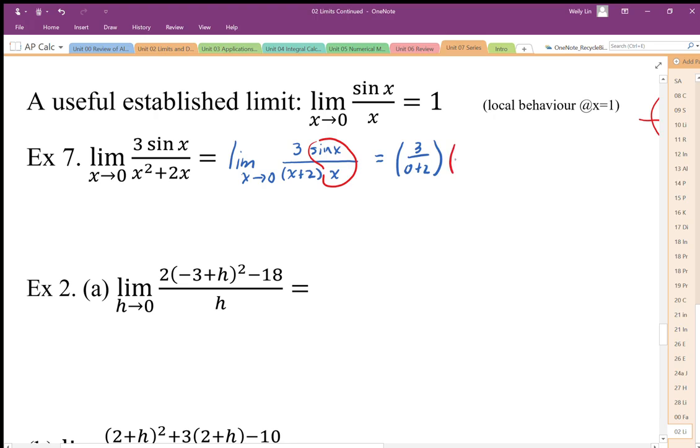That's going to be equal to 1. So I end up with the limit equals 3 over 2.